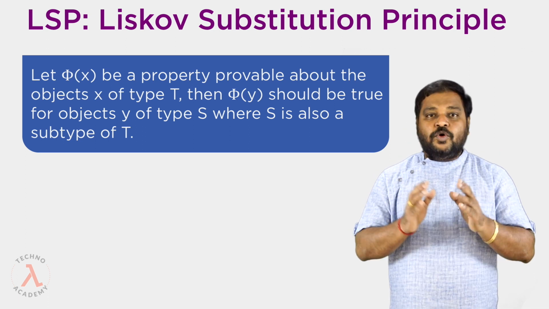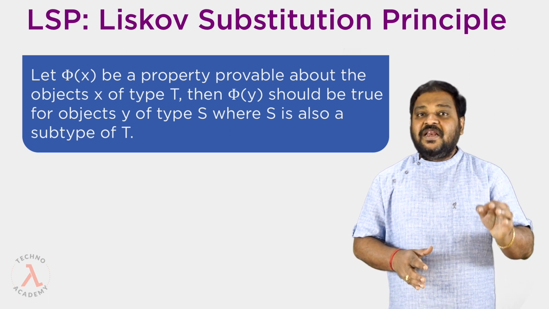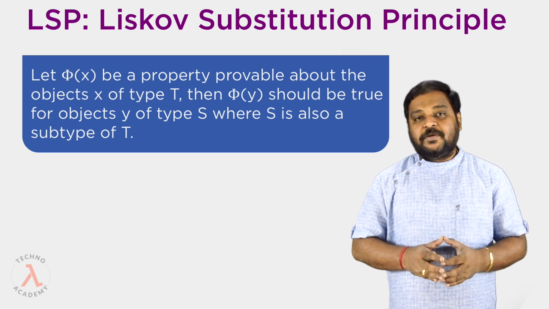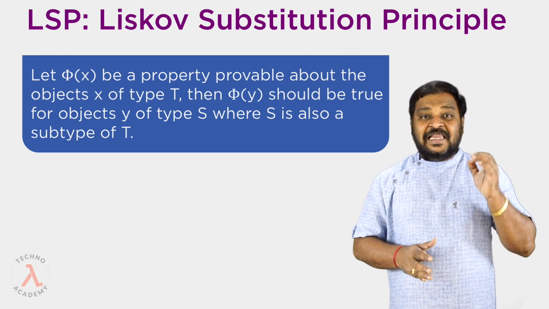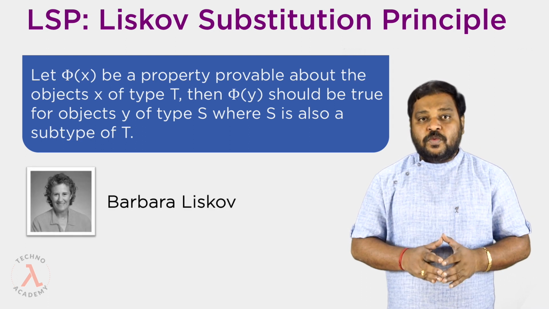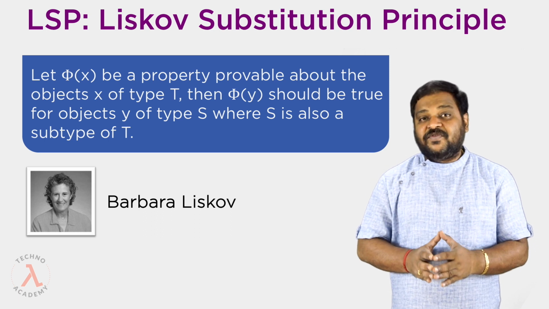Still not clear? No problem. When I explain this concept with a scenario, then we can easily understand the meaning of that statement. Remember that LSP was introduced by Barbara Liskov in a conference keynote in 1987.